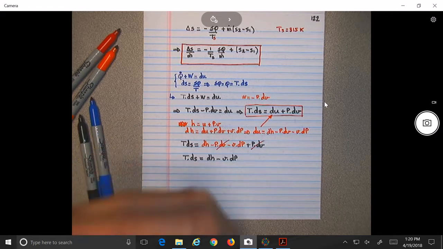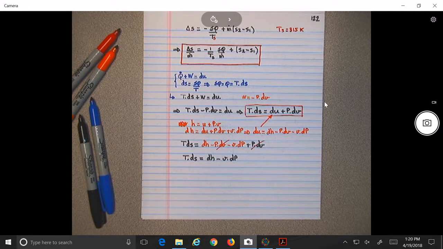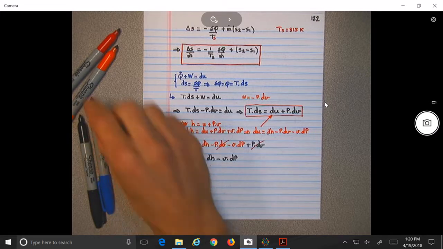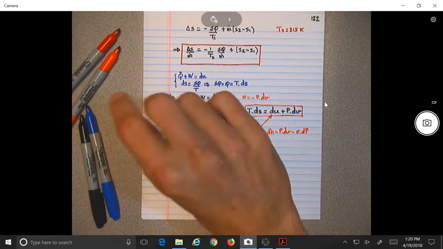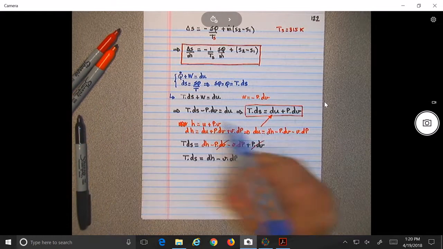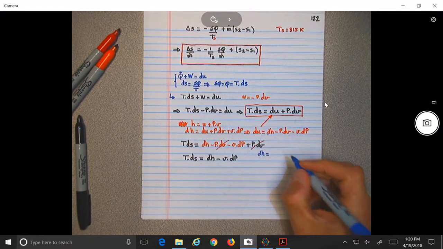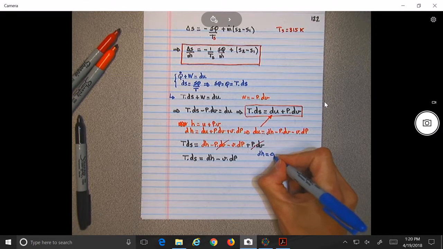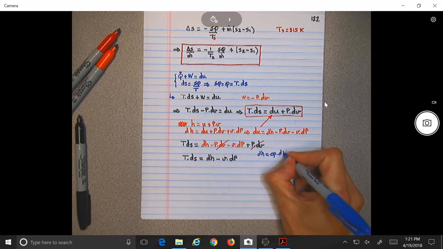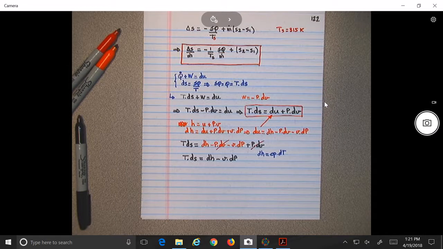So we just use it in this problem, in the first part. What is dH equal to? Cp dT, no?